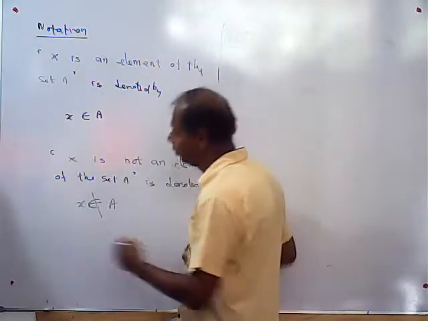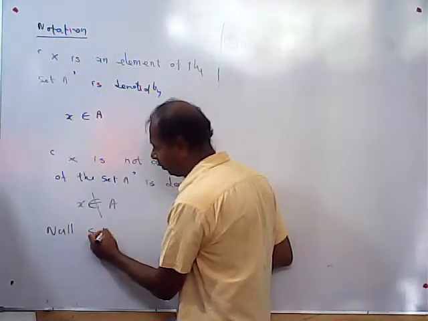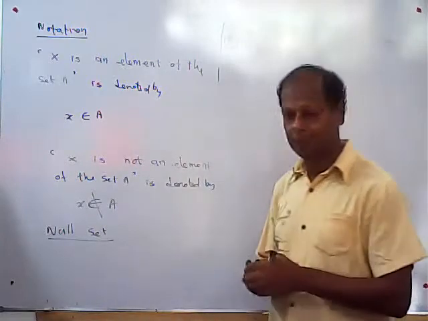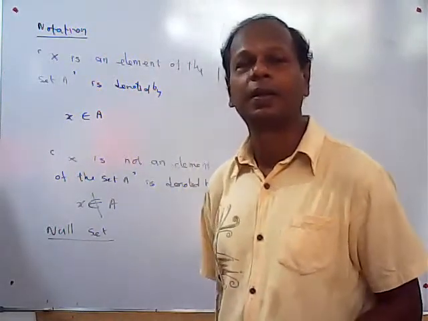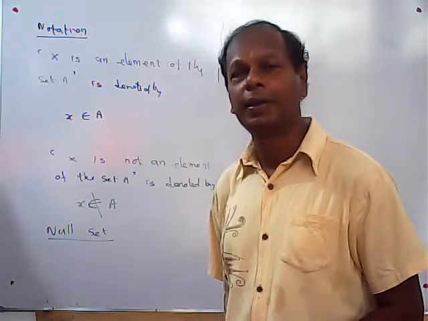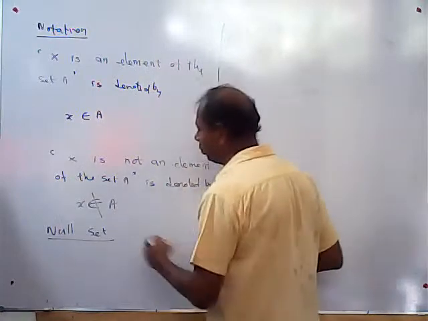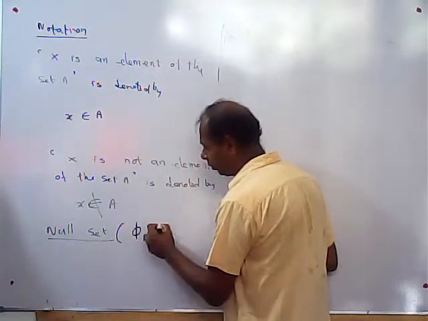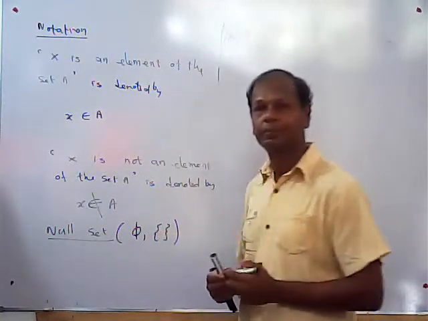Then we come to null set. Right. What is the null set? How do you define it? Null set, there are two notations. Either we write psi, or this one, empty set. So what's the null set?